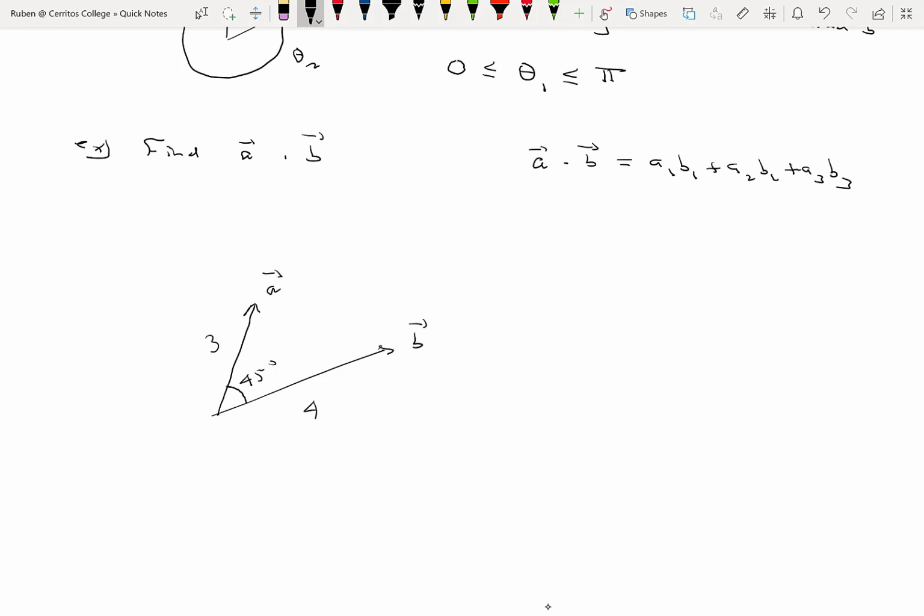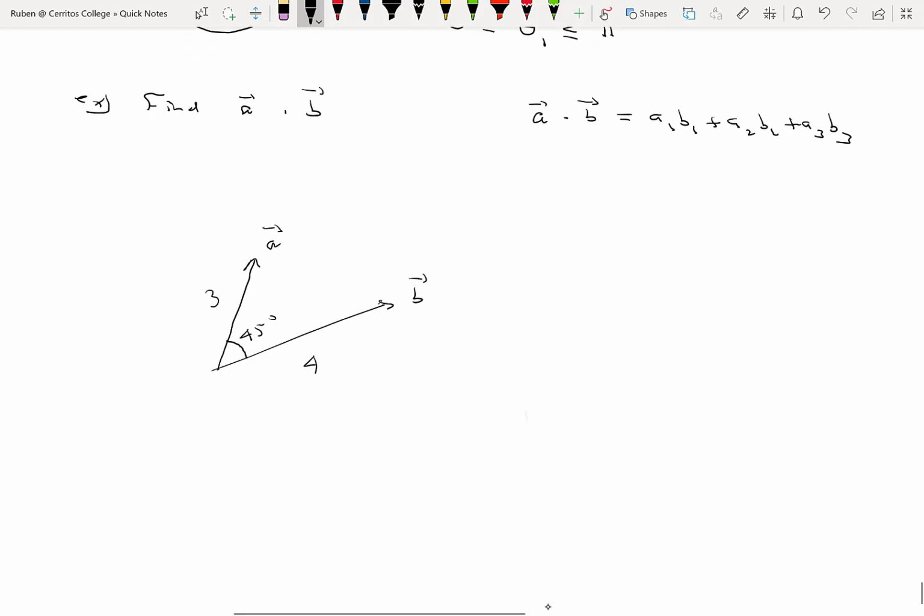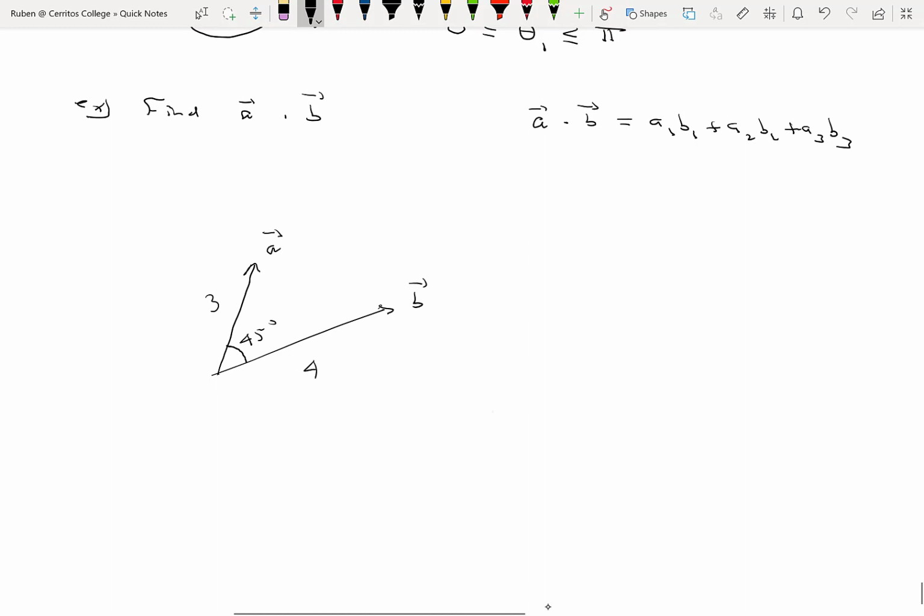It's not going to be fun, but I could do it. I could probably impose a set of axes here and put the vertex of the angle at the origin. I could find components, etc. I could do this, but it would take quite a bit of time. A lot of algebra. There's a way around that.